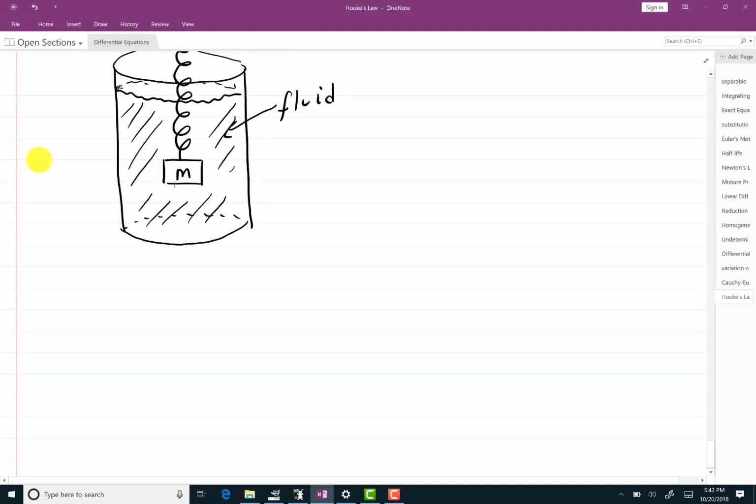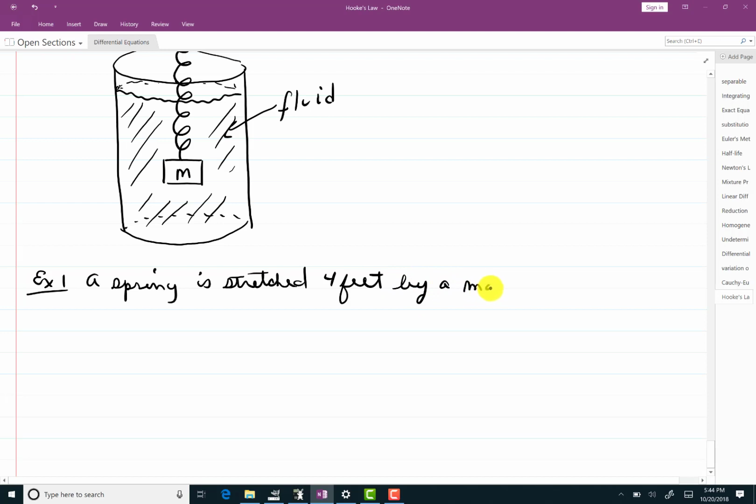So let's do an example. Example 1. A spring is stretched 4 feet by a mass weighing 8 pounds.